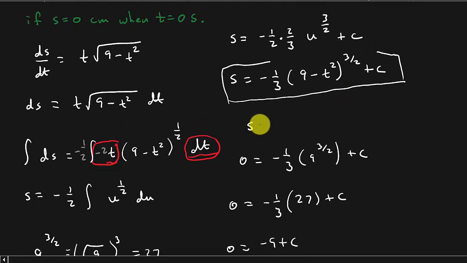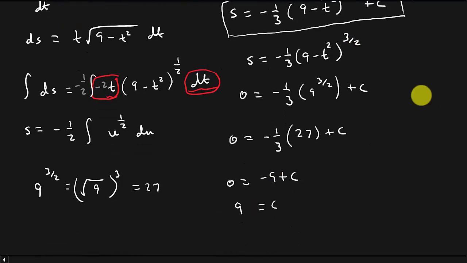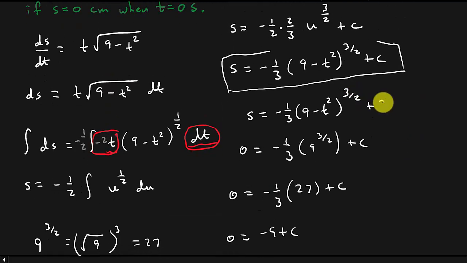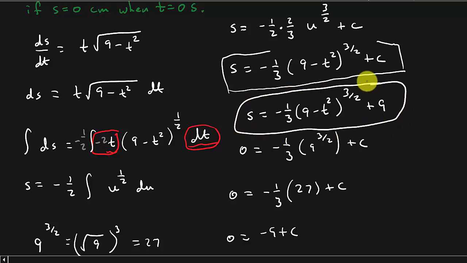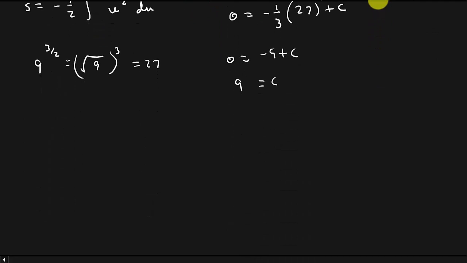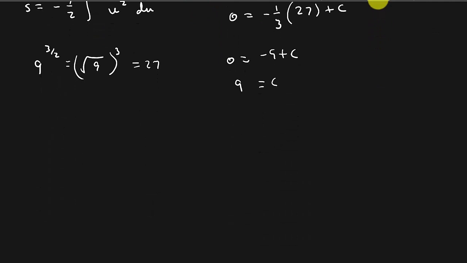So that's going to be s is equal to negative 1/3 times 9 minus t squared to the 3/2. And then we got c was 9. So that's plus 9. And there's my answer. Okay. All right. So let's look at another problem that I wanted to add.